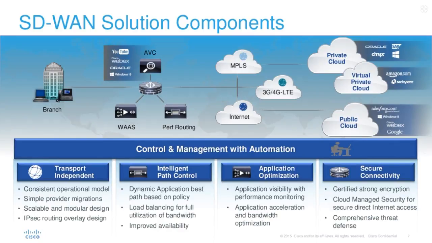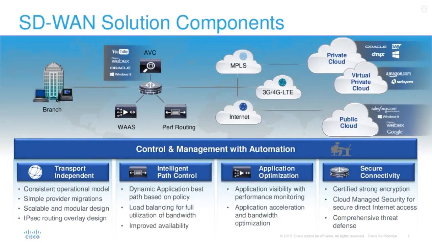That could be MPLS, that could be 3G, 4G LTE, or it could be a classic internet connection. It's all one tunnel transport mechanism that's running over both of them, so that the controller can just look over one architecture or one infrastructure and route connections accordingly.